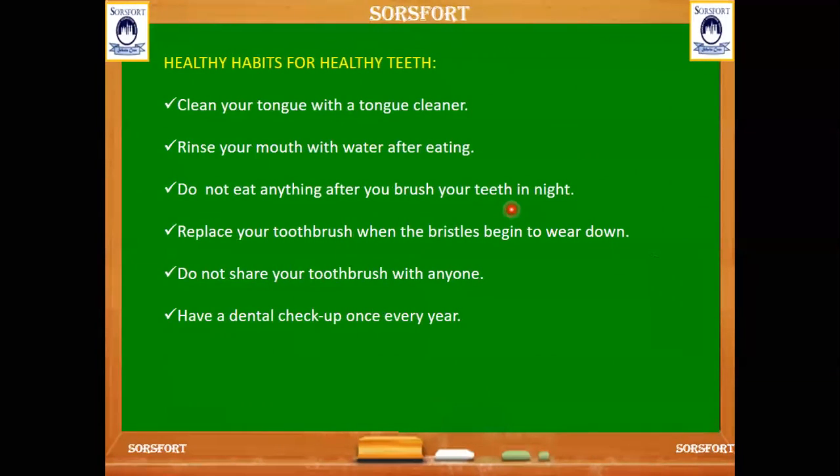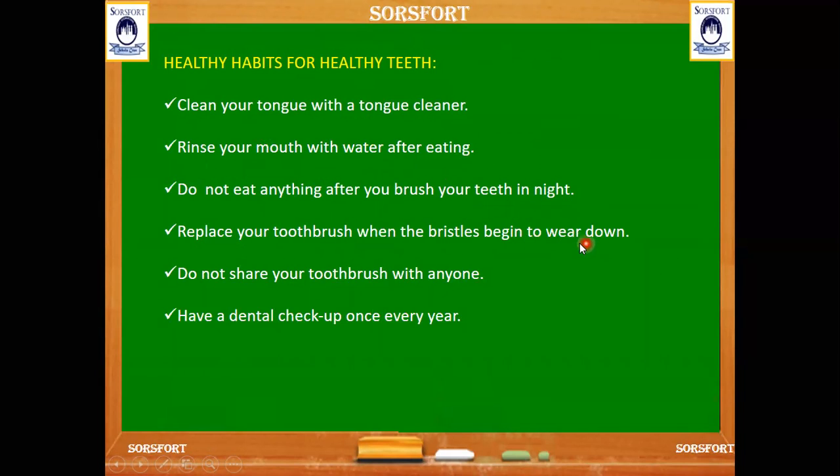And what are the healthy habits for healthy teeth? Clean your tongue with a tongue cleaner regularly. Rinse your mouth with water after eating. Do not eat anything after you brush your teeth at night. Replace your toothbrush when the bristles begin to wear down.